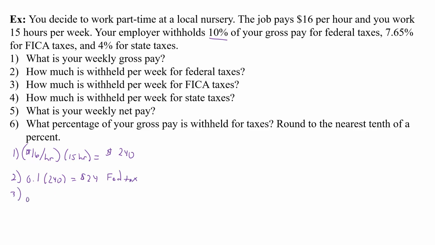FICA is 0.0765 times 240, and if we multiply that out, that's $18.36 for FICA. State taxes is 4%, so that's 0.04 times 240, which gives us $9.60 for state taxes.